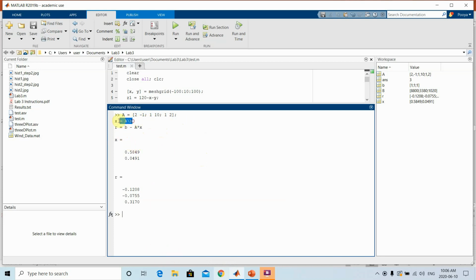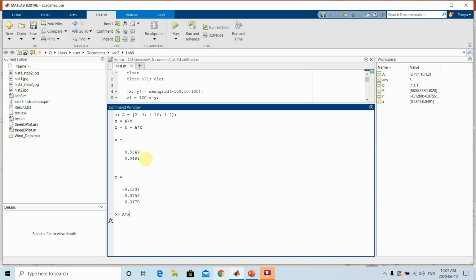We used Gaussian elimination, and the Gaussian elimination method gave us this answer. This is the round-off error. If I multiply A by this vector, I'm not going to get exactly the vector B, which I'm going to show you.